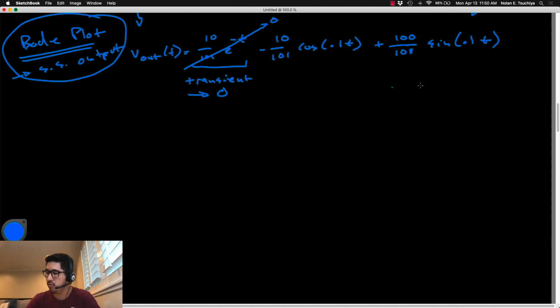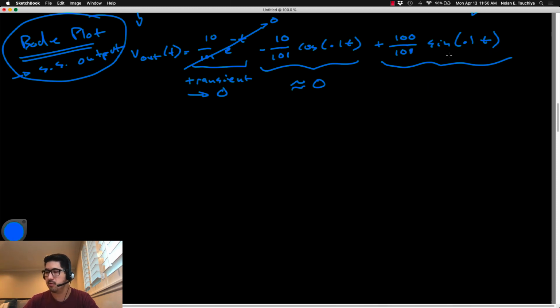What we have left over, if we write it out in decimals, is roughly 0 for the first term, because we have this factor of 10 over 101, which is less than 0.1, times a cosine factor. And over here, we have 100 over 101, which is basically 1, times the sine of 0.1t.